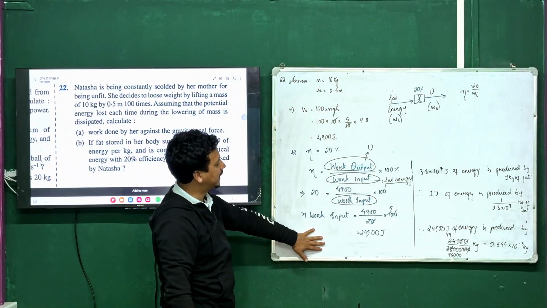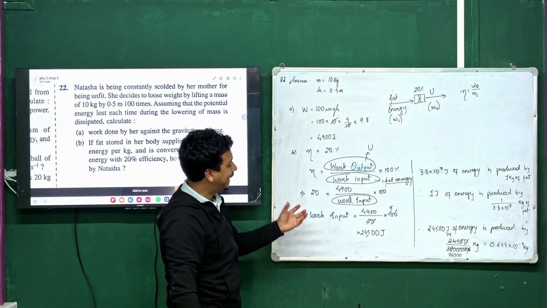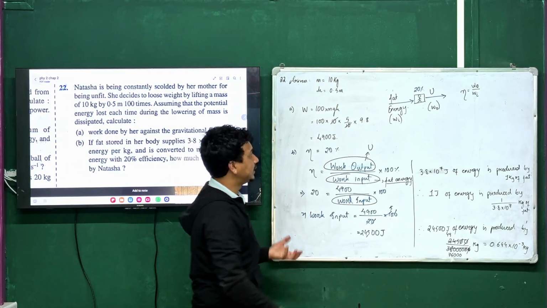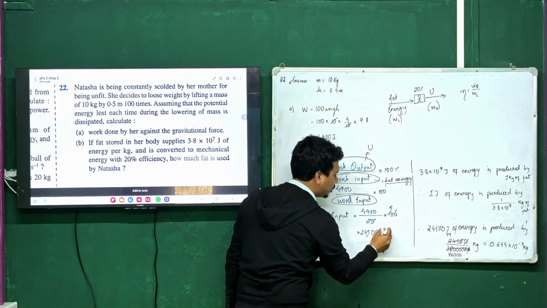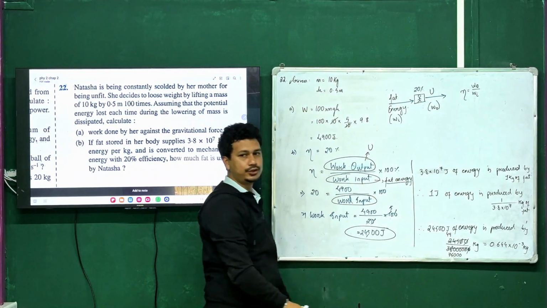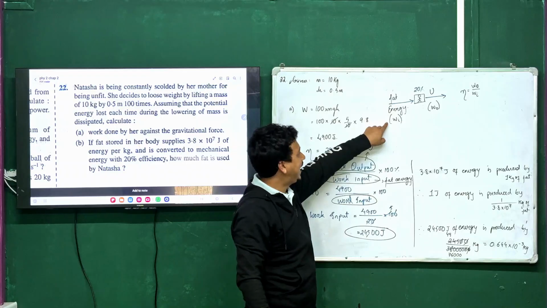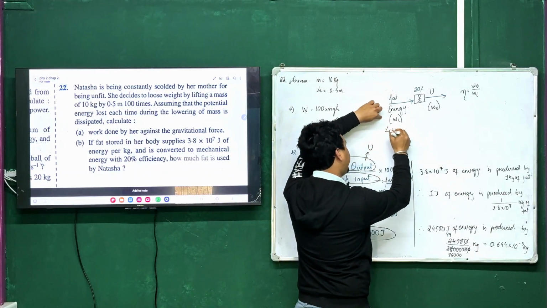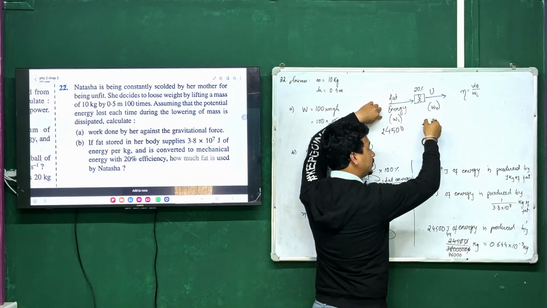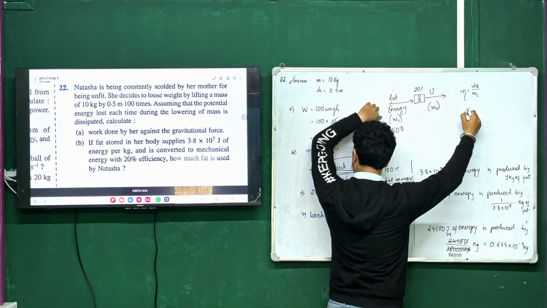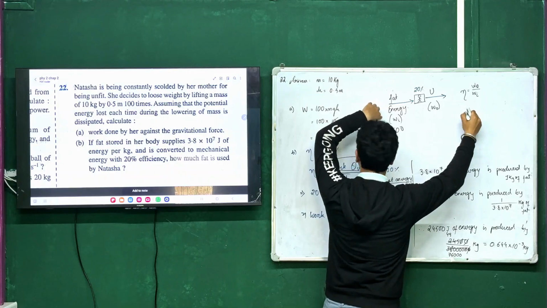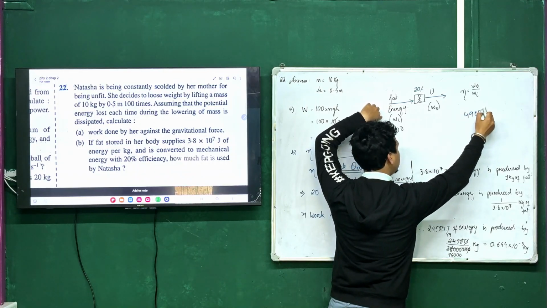And then we did a basic calculation and we found out that the amount of energy that the fat must give to Natasha is 24500 joules. Only when the fat gives 24500 joules will Natasha be able to use that energy and convert it to potential energy of 4900 joules.